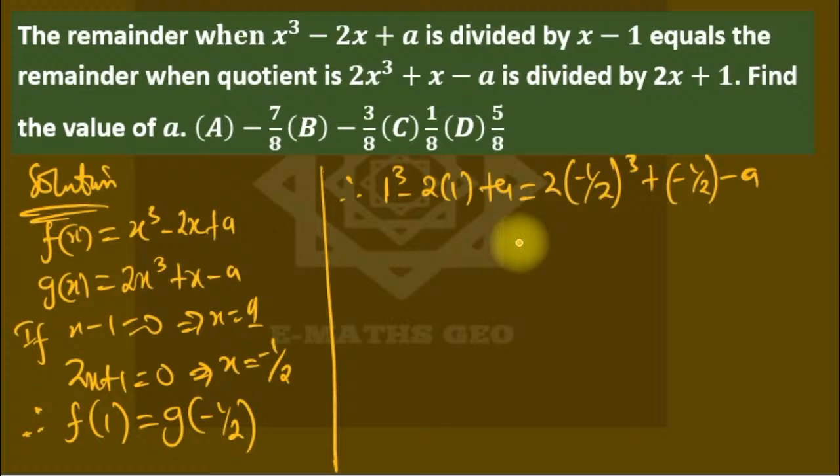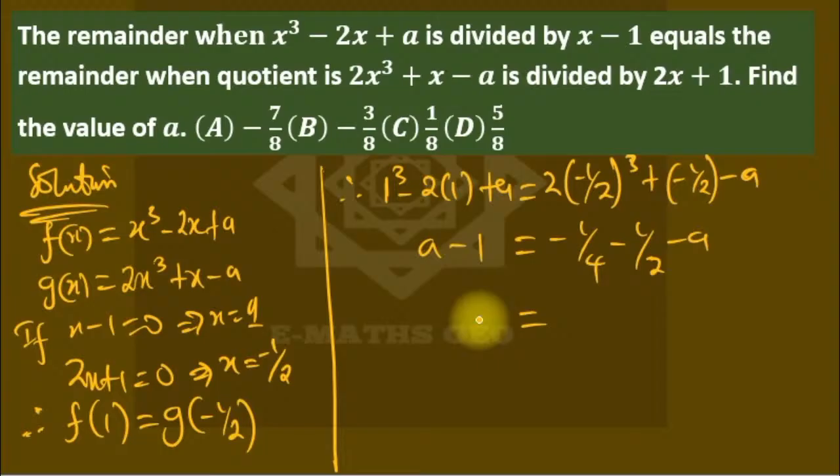So I have 1 minus 2 plus a, so a minus 1. Why this is minus 1 over 4 minus 1 over 2 minus a. So we collect like terms. A goes here to be plus a, so a plus 1 goes to be 1. This is minus 1 over 4. Therefore, a is now 1 over 8. So our answer is option C.